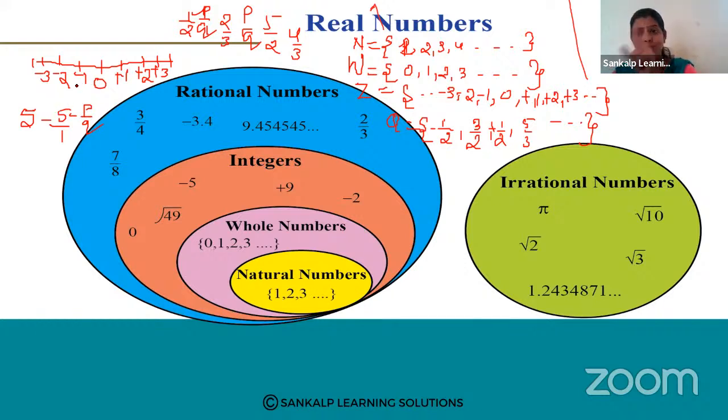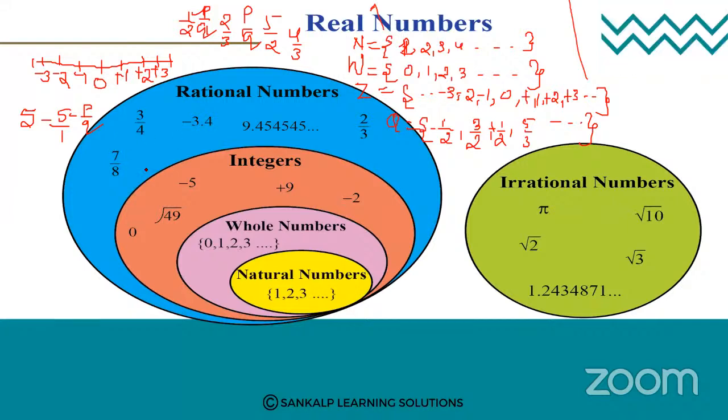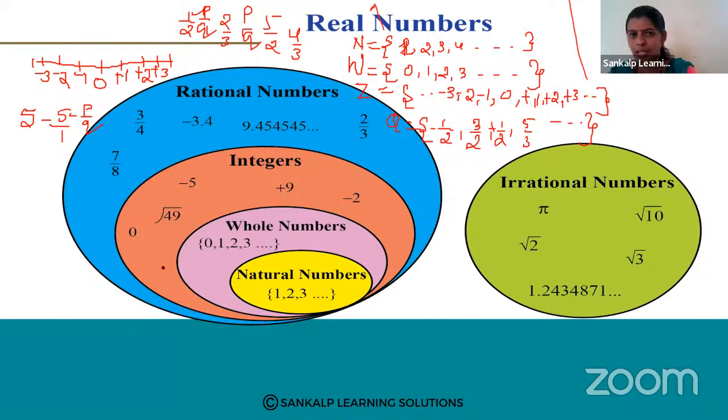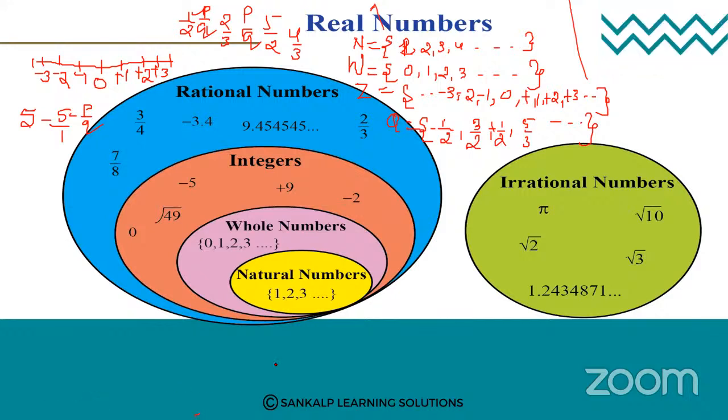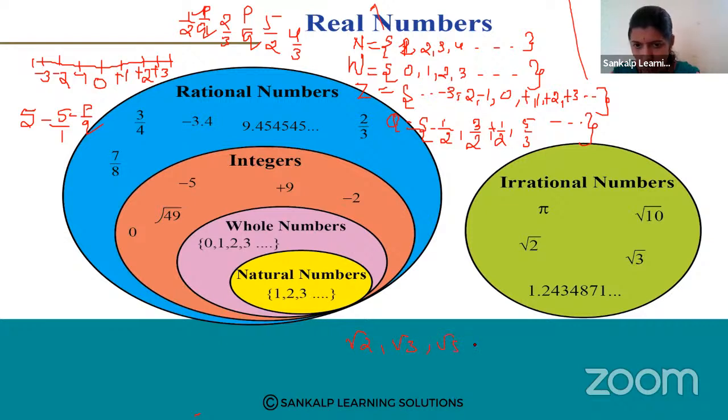Yes. Another type of number is there, that is irrational numbers. Okay? Do only these numbers come on the number line? No, another type of number is also there, that is root 2, root 3, root 5, root 7, root 10, pi.